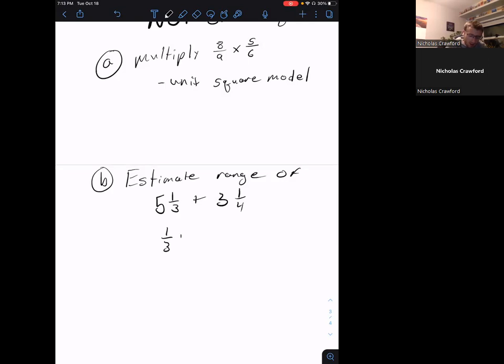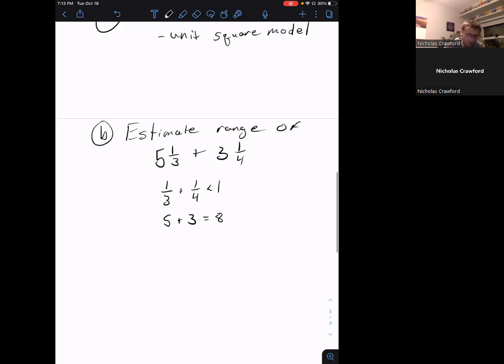Well, I know 1/3 plus 1/4 is less than 1, but 5 plus 3 is equal to 8. So the range of this would be somewhere between 8 and 9. That could be the range, right? Something like that. And you'd have to actually be able to then calculate 5 1/3 plus 3 1/4.